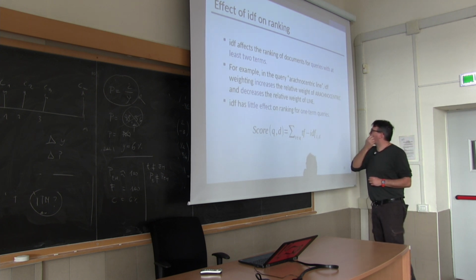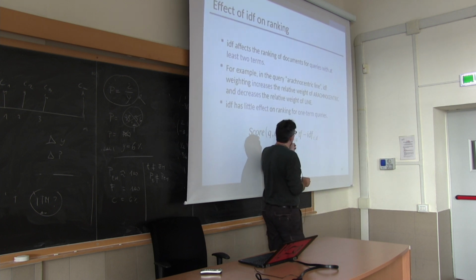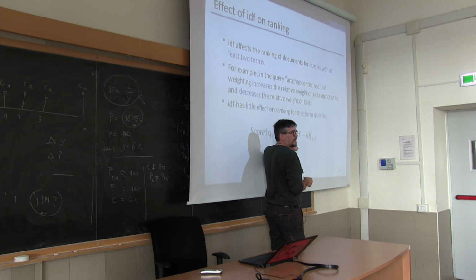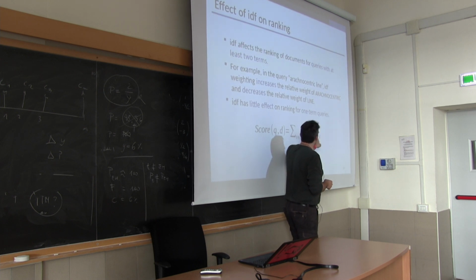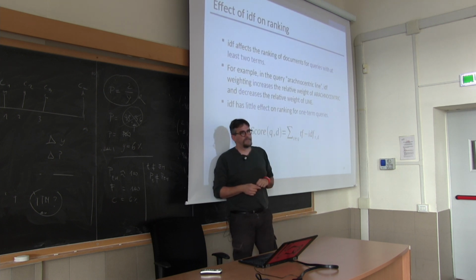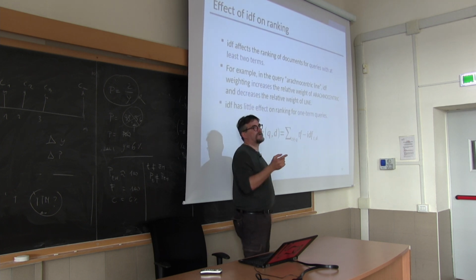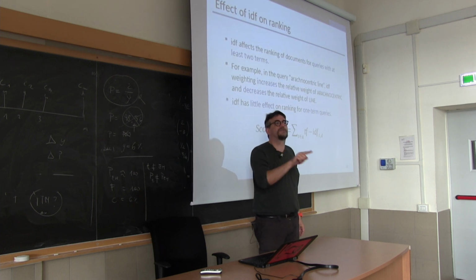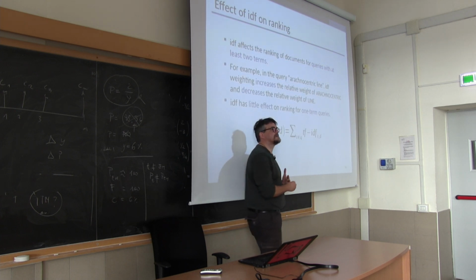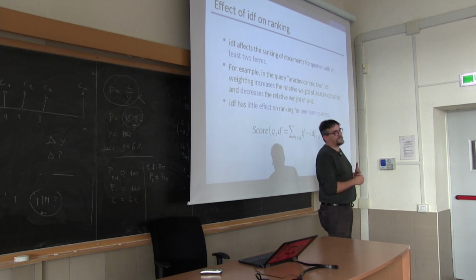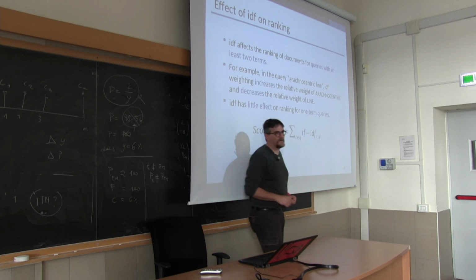And the score, as you can expect, is the sum of all the tf-idf of the terms in the given query, the score between the query and the document. Don't forget that our main purpose is to rank documents according to a given query. The first technique we used was based on Jaccard, then on term frequency, and now we introduce IDF.